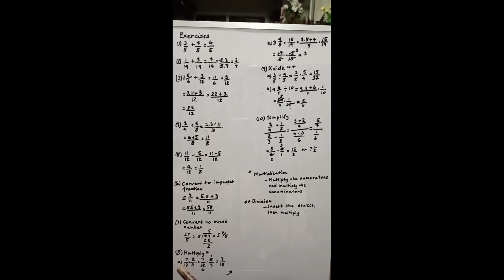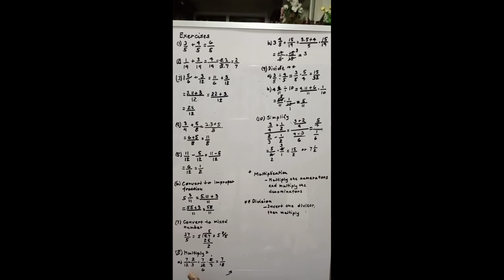Now let's go to number 8. Multiply. Now take note that I have an asterisk here because I forgot the rule before we go to the exercises. So we have here the multiplication, which says that multiply the numerators and multiply the denominators. So we will apply this one here. So example, we have 7 over 12 times 2 over 3.